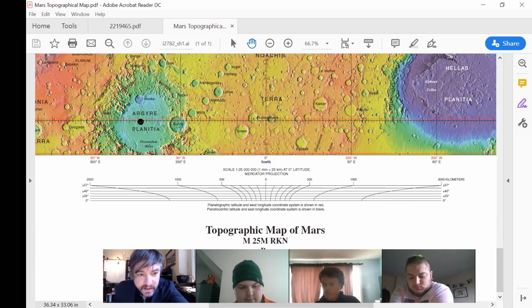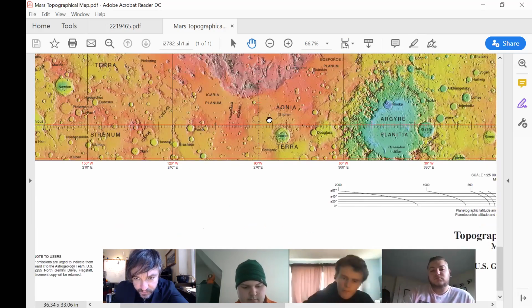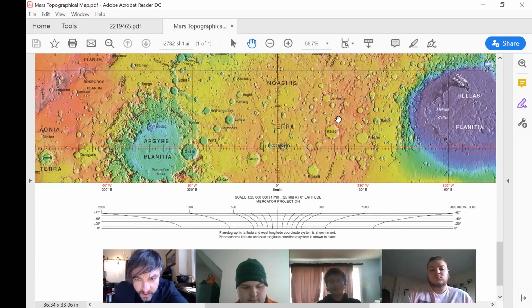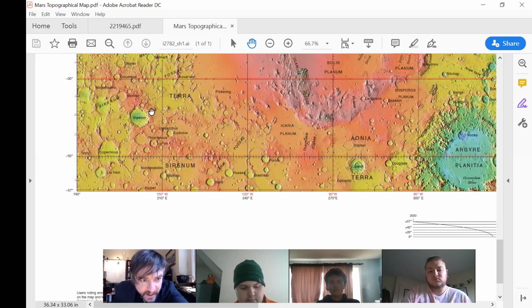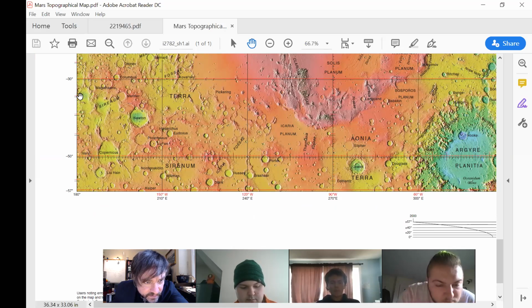Let's see if we can figure out the latitude of these guys. This Hellas Planitia here is maybe 2.5 big ticks down. Let's see what that is. -30, -35, -40, yeah, -40. Okay.